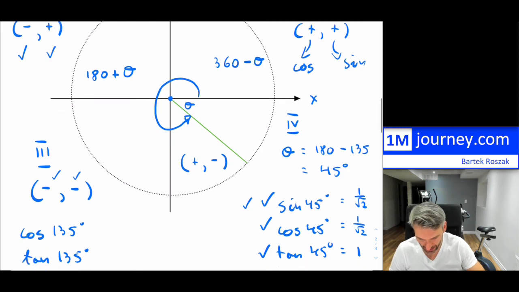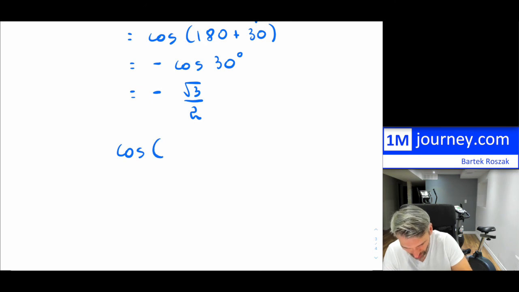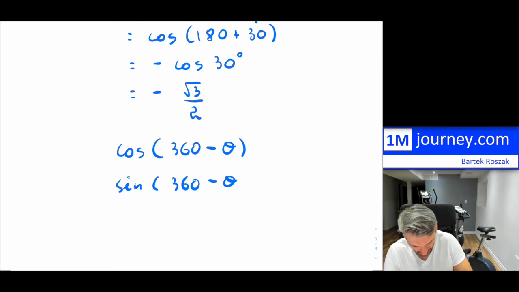So finally, what we would have is the last one: sine, cos, and so on. So if I take my cos of 360 minus theta, sine of 360 minus theta, and tangent of 360 minus theta.